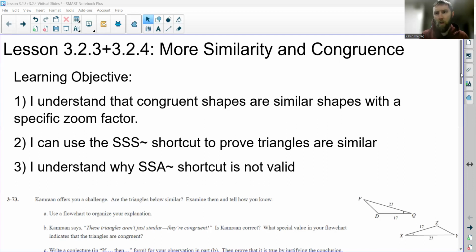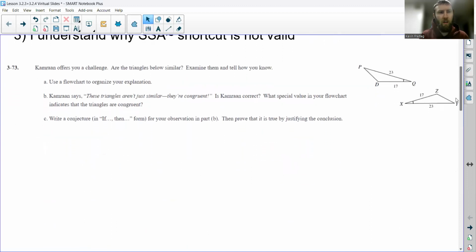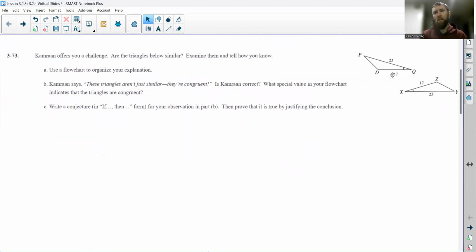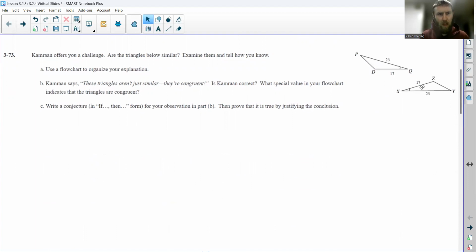So the first problem in section 3.2.3 that we're going to look at is problem number 73, which gives us this picture over here of 2 triangles, triangle PDQ and triangle YZX. And our classmate has asked us to prove that these 2 triangles are similar, okay?